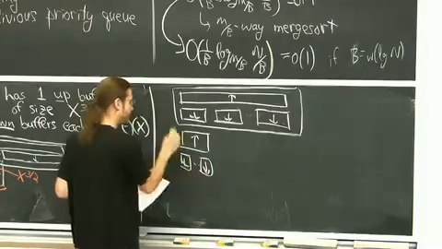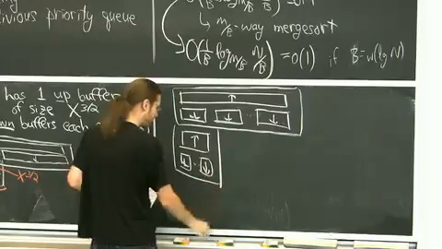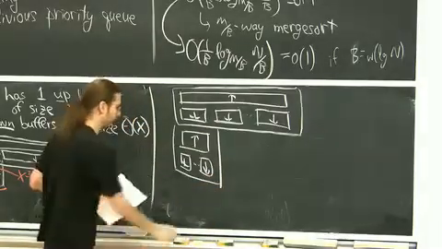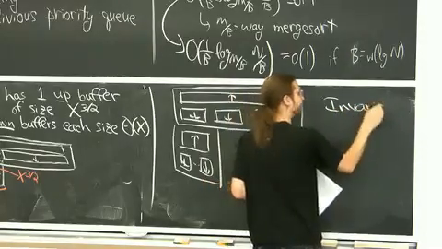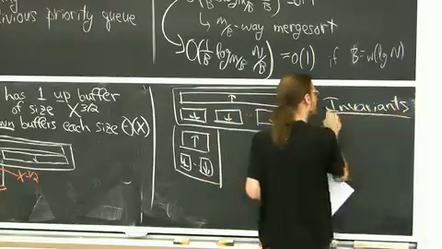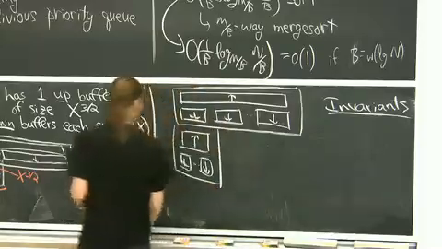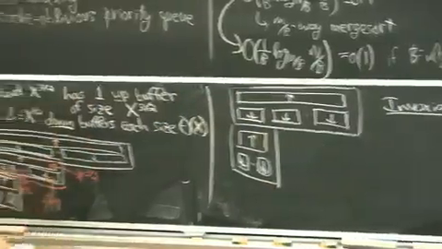I want to look at two consecutive levels and specify invariants. After all, I'm trying to maintain a priority queue. What the heck is this thing?